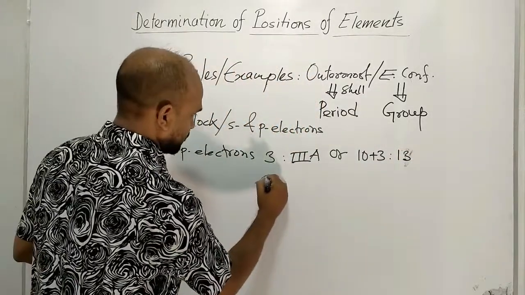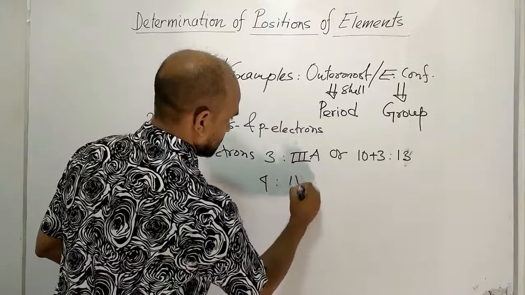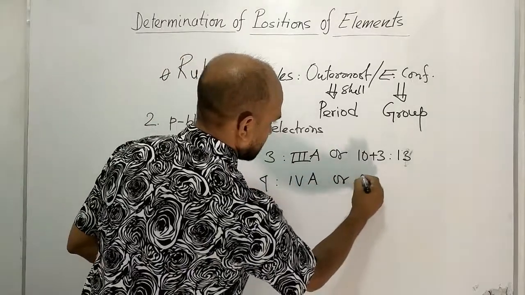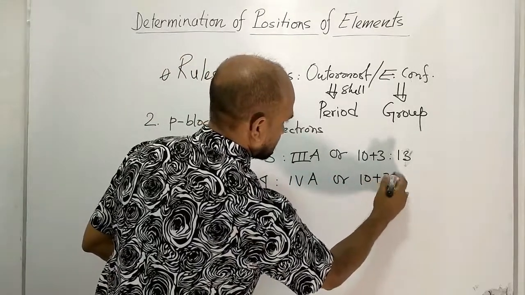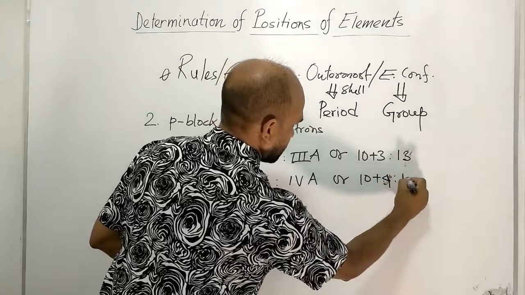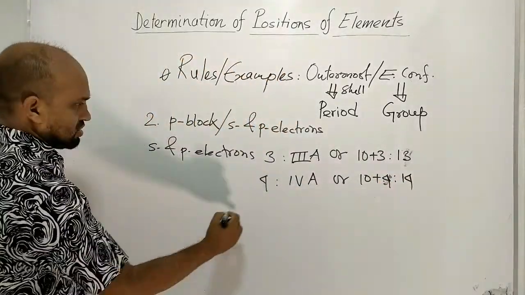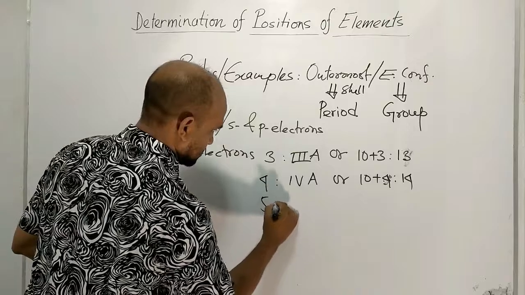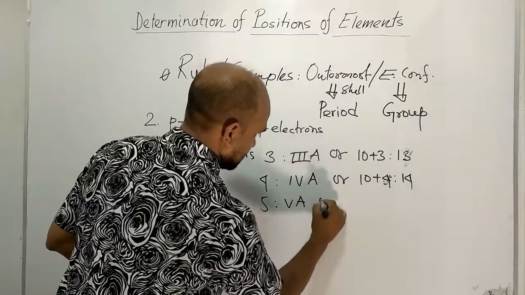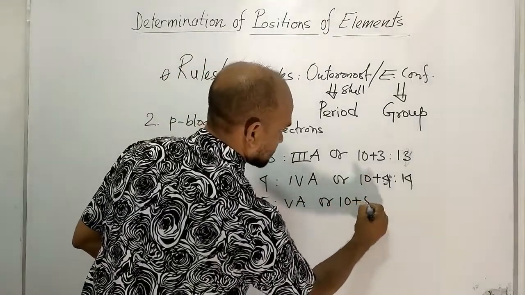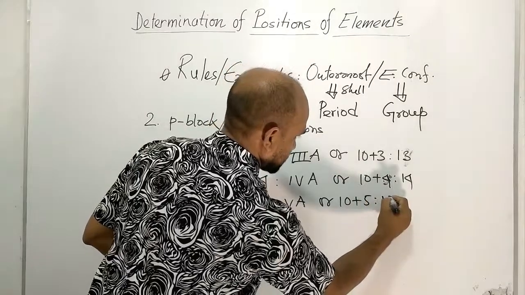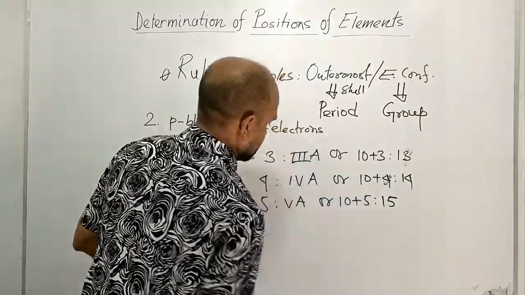If it is 4 electrons, then 4A or 10 plus 4, 14. If it is 5 electrons, 5A or 10 plus 5, that means column number 15.